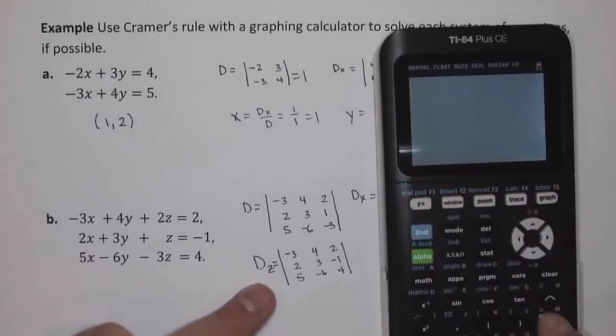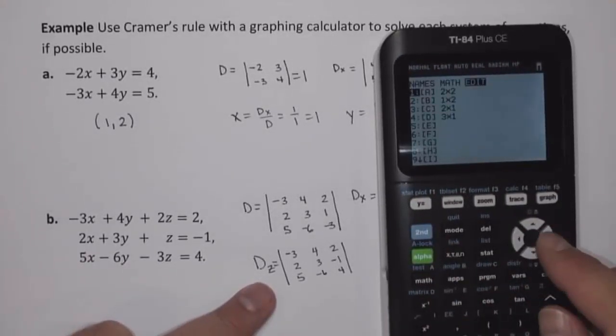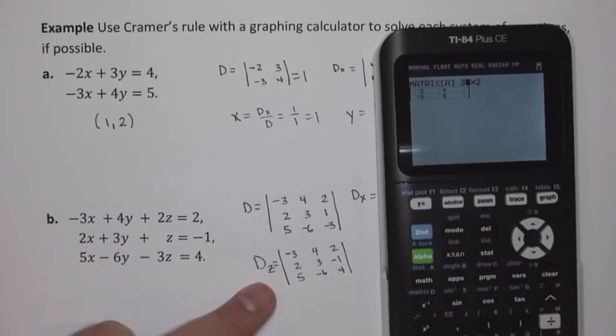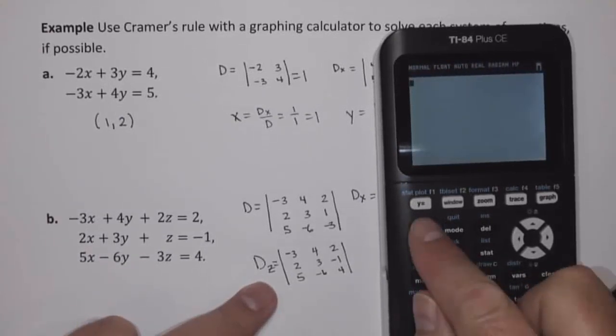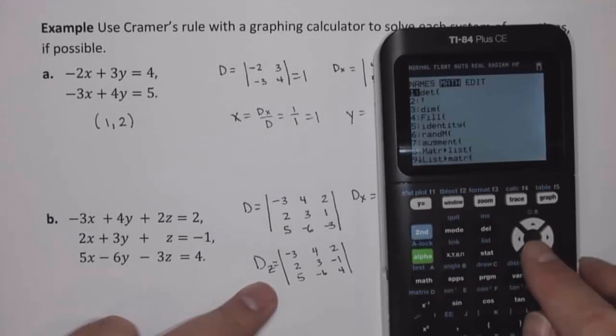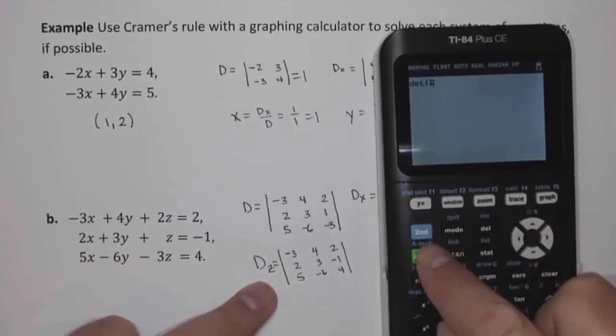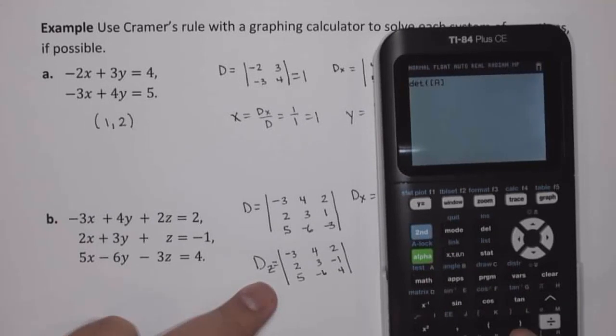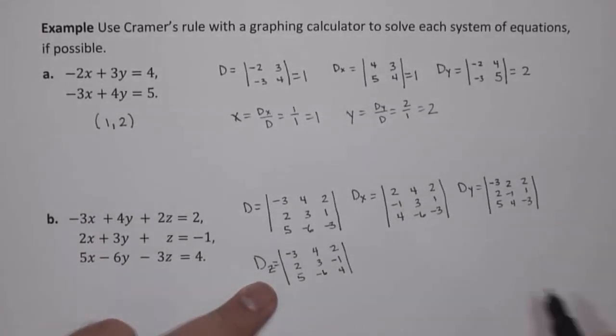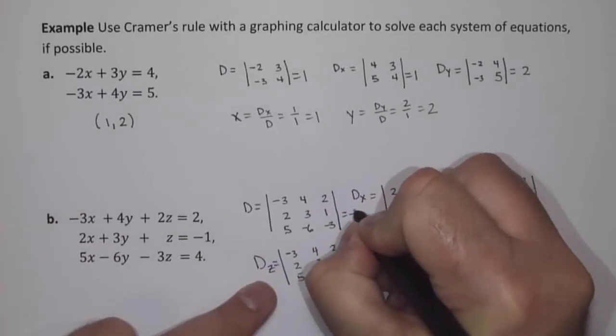So if I bring in my calculator, matrix, edit, matrix A, we're going to have a 3 by 3 matrix, negative 3, 4, 2, 2, 3, 1, 5, negative 6, negative 3. Second quit, matrix math, determinant, matrix A. So the determinant of matrix A is negative 1. So this is negative 1.